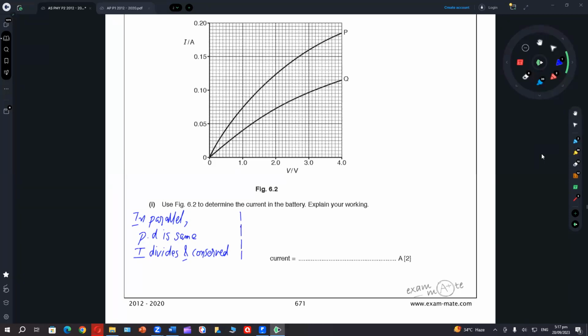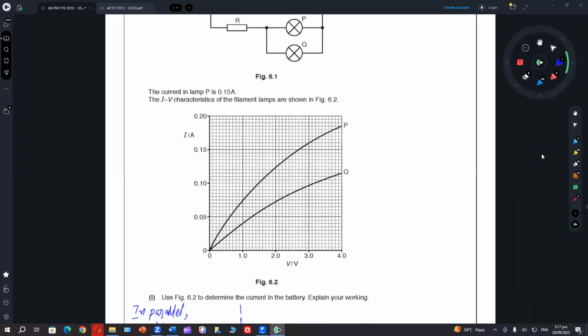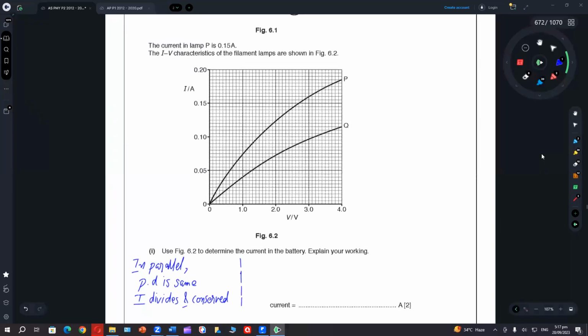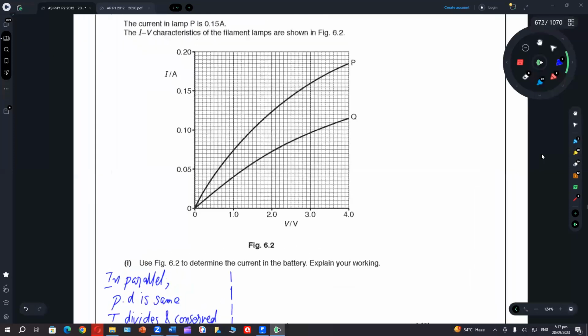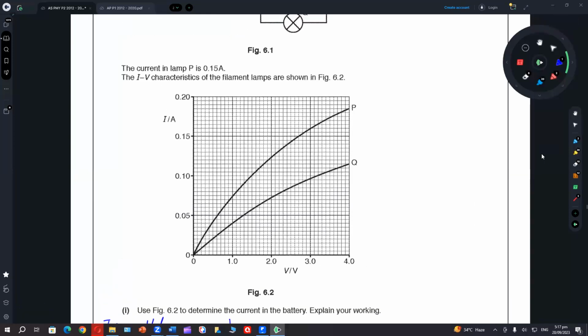So we make the point, and then the examiner says there is 0.15 ampere in P. So you have to locate 0.15 and read it on the y-axis. Make a line from here.